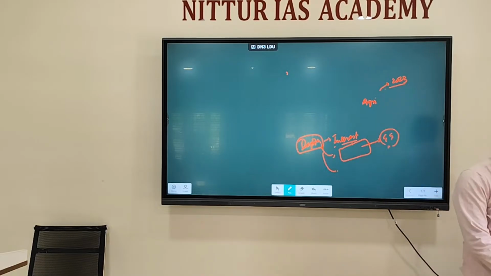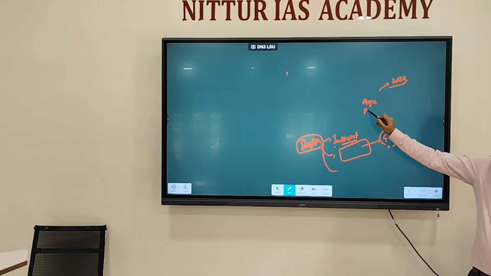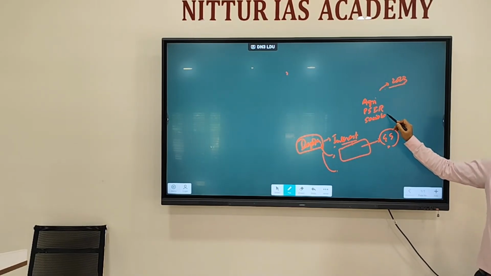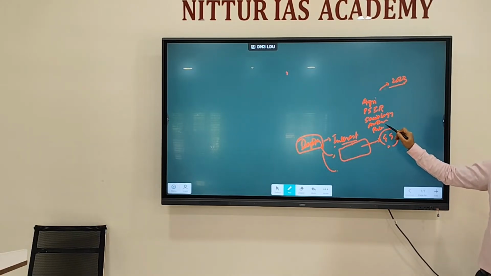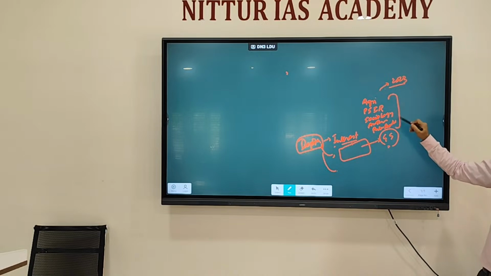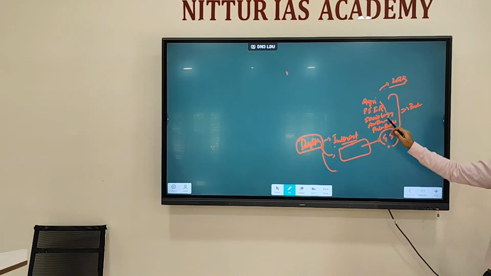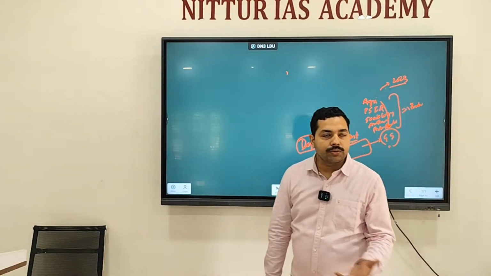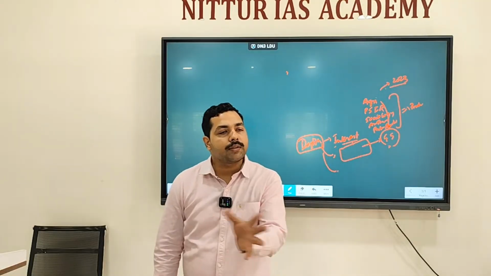In the 2023 report, UPSC submitted a report in which they give success rates. Agriculture, PSIR, sociology, anthropology, and public administration: the highest number of people with these optionals have qualified the prelims examination and appeared for the mains.